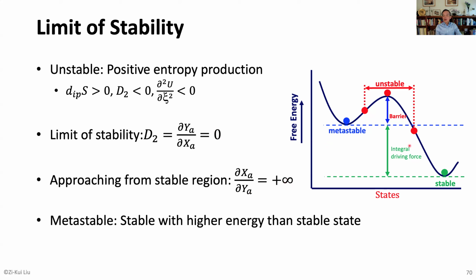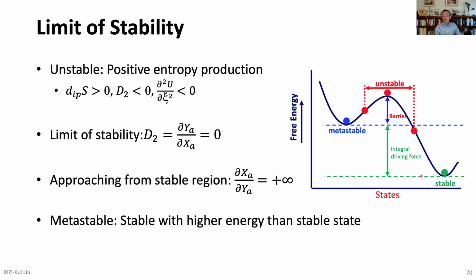In this diagram, we also see that there are metastable states. So this is stable, but its energy is higher, so the system could change its state, going from here to there to lower its energy. So you have a driving force for the internal system to change from one state to another to lower the energy.